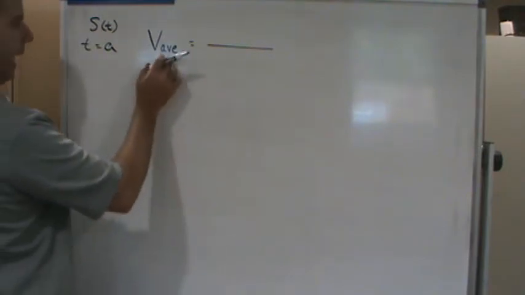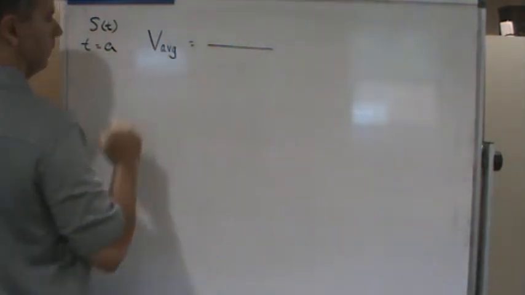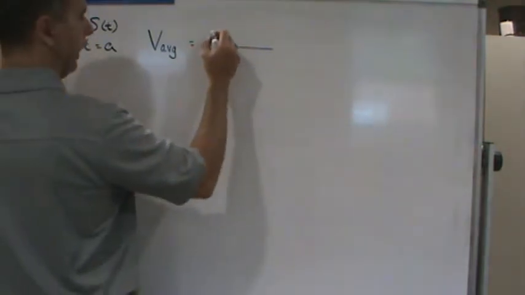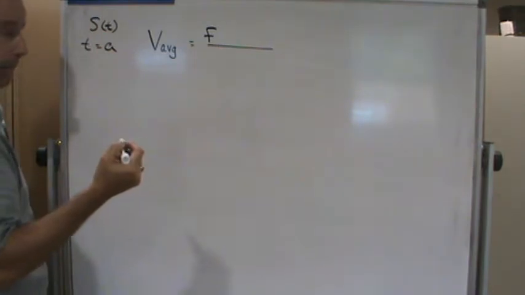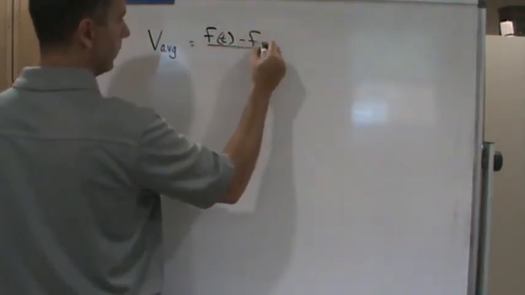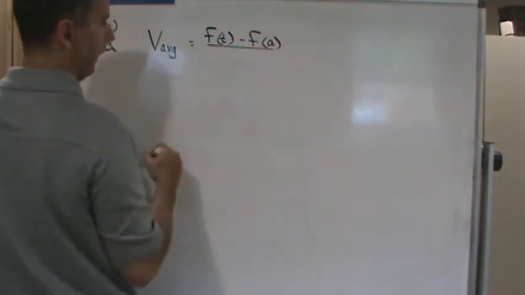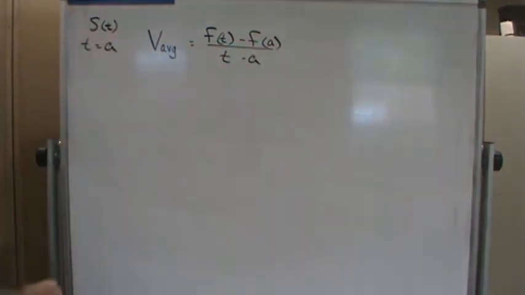So we're going to use average velocity, and we're going to go f of t minus f of a over t minus a. This is going to be our formula for average velocity.